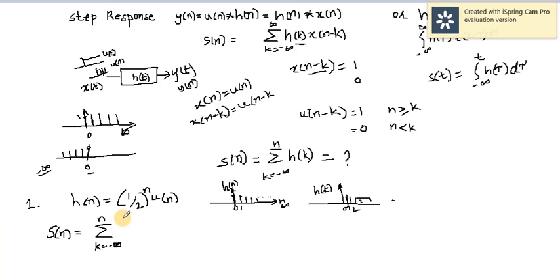So this h of k is represented as half raised to k into u of k, as it has been reflected by the signal. The signal runs from 0 onwards, so let's write this u of k.